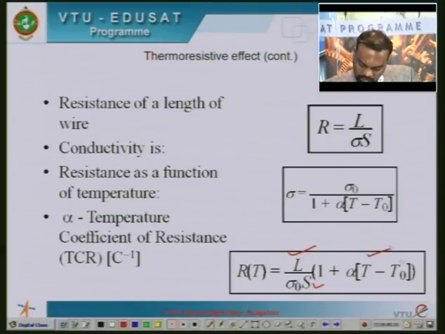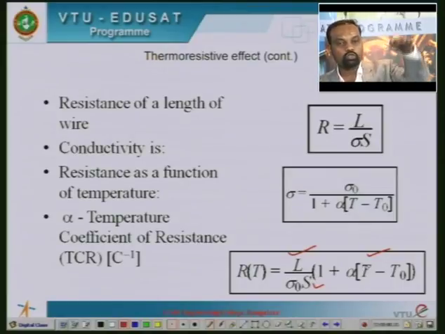T naught, alpha and sigma naught are constants for the device. T naught is the normal temperature, assumed to be normal room temperature.